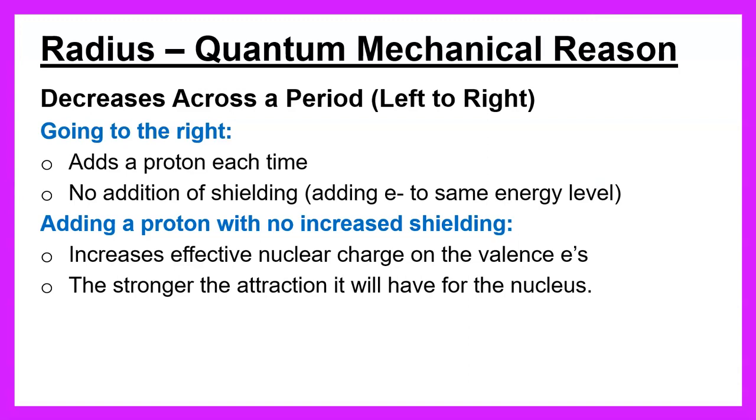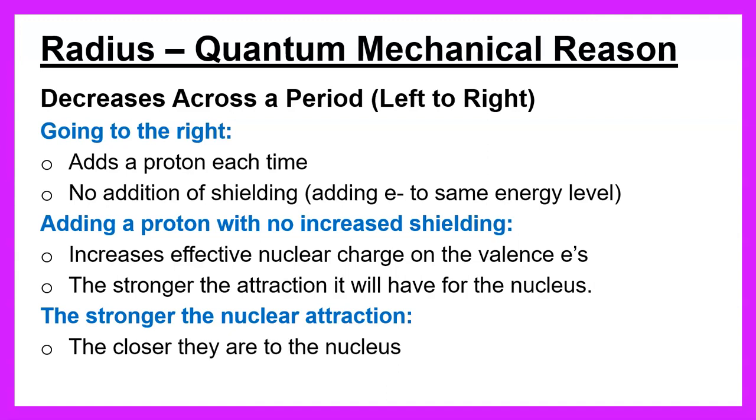So the stronger the attraction to the nucleus, the closer they are, therefore smaller radius. These are the kinds of bullet points we're looking for when we go through and check off how many points you get, right? We're looking for connecting the dots, not vocab dropping. You've got to connect all the dots to baby step us there.